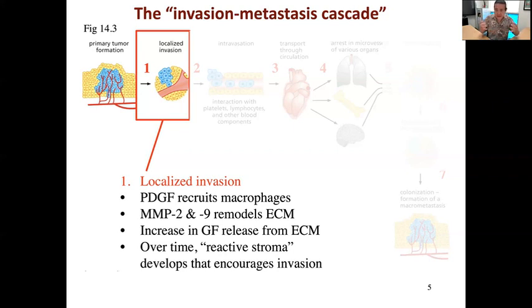And then over time, you begin to build the stroma, getting increasingly confused and reactive, right? So the stroma is reacting to this confusing set of signals that is being sent out by the tumor. And this encourages further invasion. Right?